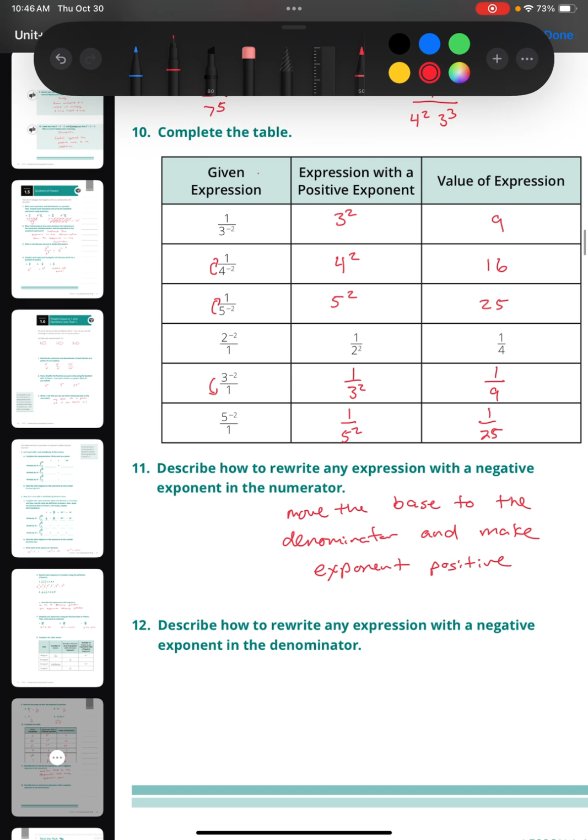How can we rewrite an expression with a negative exponent in the denominator? We move it to the numerator. So move the base to the numerator. So it's basically to the opposite side is always what we're doing. Opposite side from where it started on. And again, make the exponent positive.